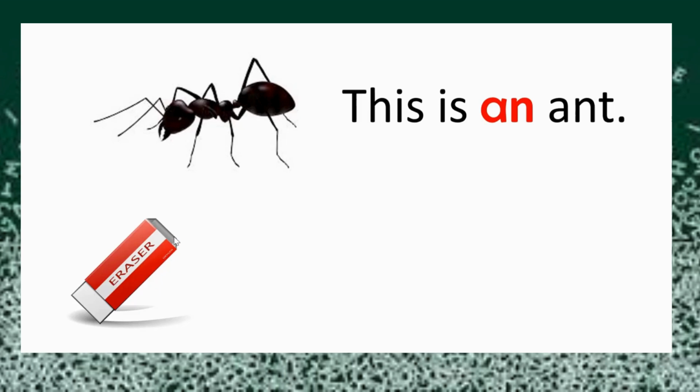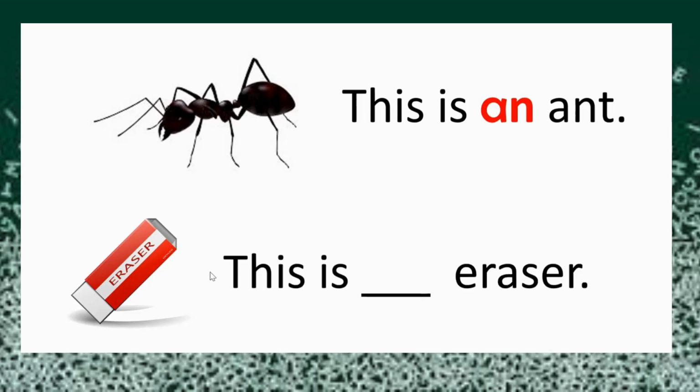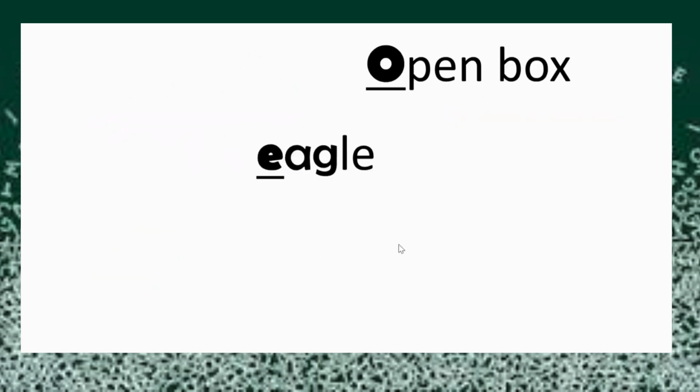If you use eraser, then you will say, this is an eraser. But if you call this rubber, then you use a different article. Okay? So if we have open box, we say an open box. If we have eagle, we say an eagle.